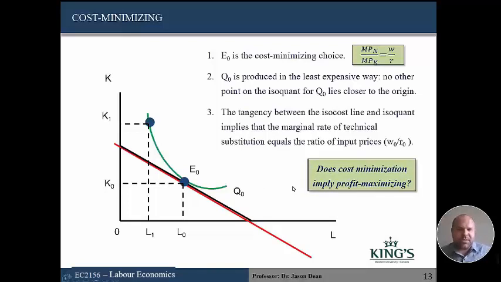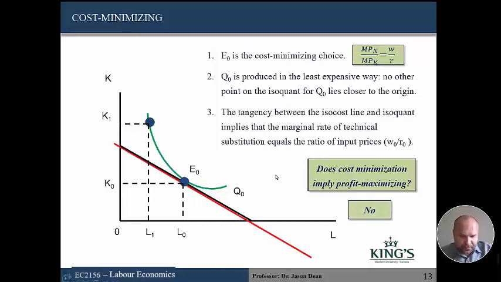Now, does cost minimization imply profit maximization? Well, no, because we can pick any quantity and see what the cost minimizing combination of capital and labor is to produce that. For the firm to maximize profit, there's only one Q, and it wants to produce that in the least costly way.